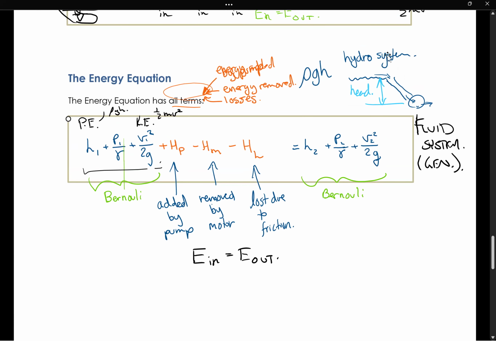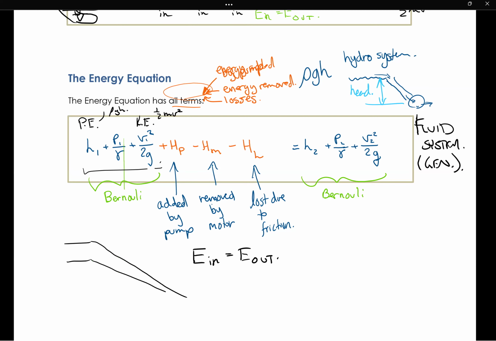So in a fluid power system that also has a pump and a motor and real losses, we would start with a certain amount of energy at position 1, and then we have a certain amount of energy at position 2.